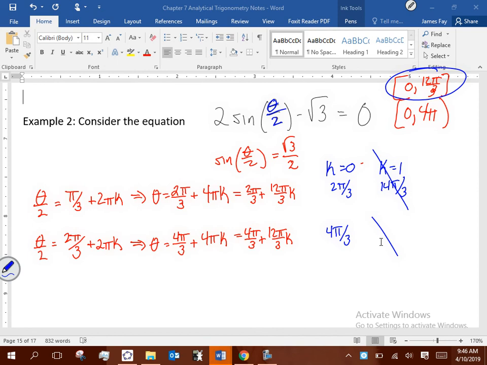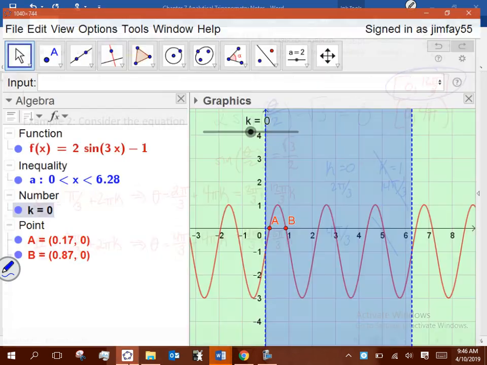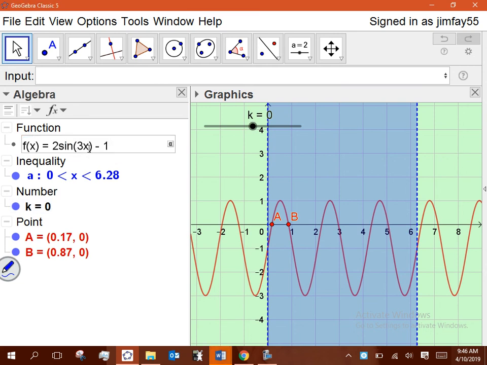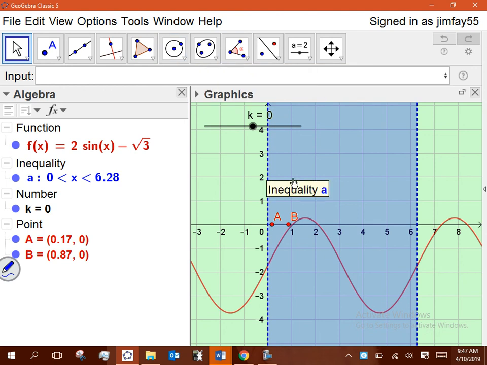If we go and graph this, wait, 2 sine, this was square root of 3. Let's say, so I'm just going to make this x real quick. Okay. So that is the 2 sine of 1x minus root 3, right?